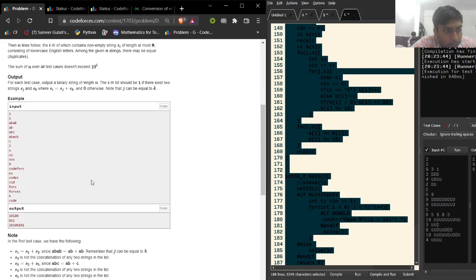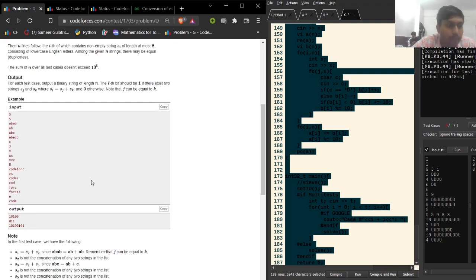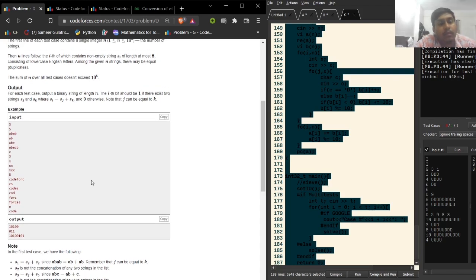Not exactly sure how I would do this. Maybe we can sort it some way, because only the larger strings have a capability to be equal to smaller strings. Okay. Not exactly sure.